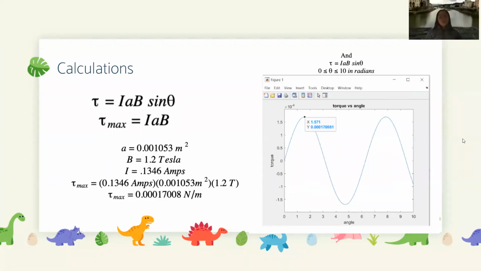And well, for our calculations, we use two formulas, the torque formula and the maximum torque formula. First, we start with this last one. For this, we need to know the current, the magnetic field, and the area of the loop.